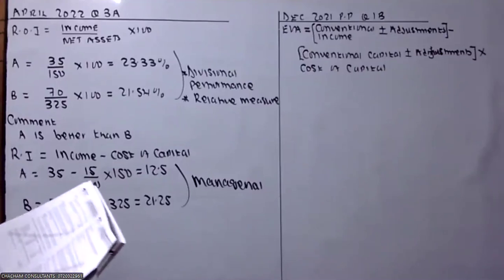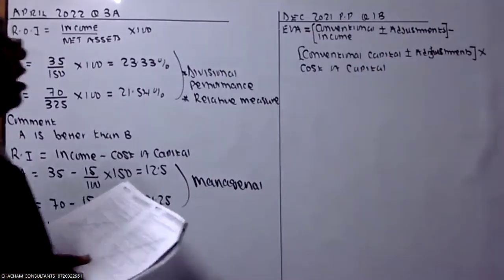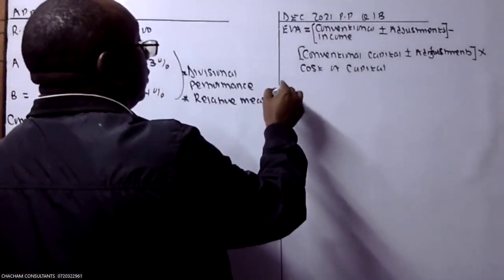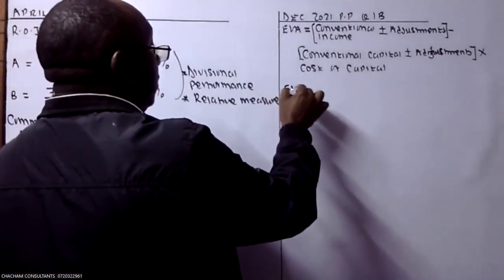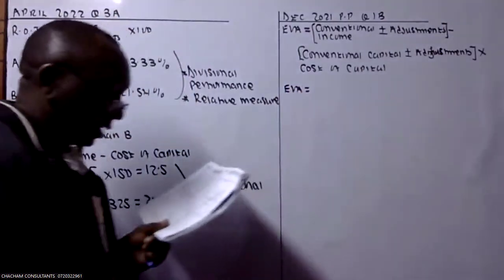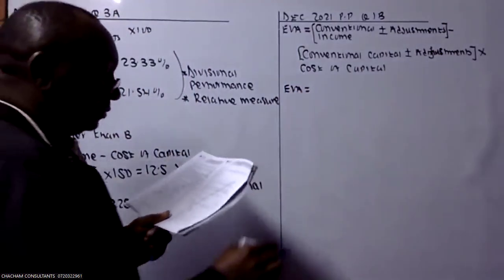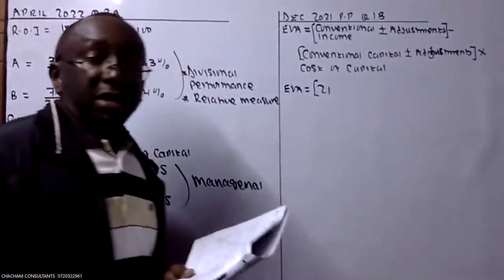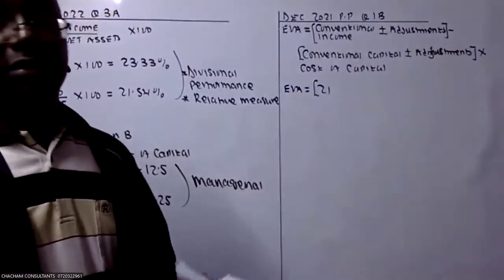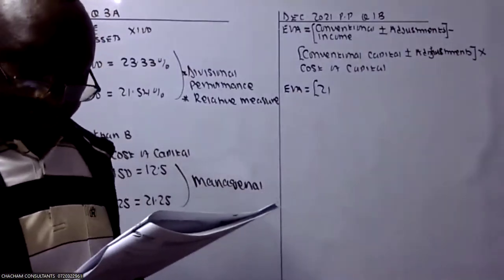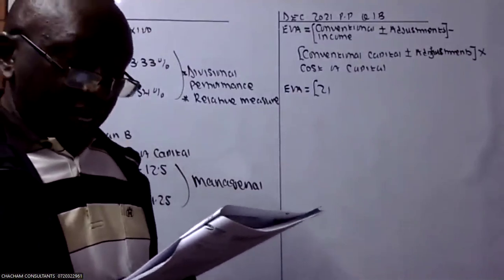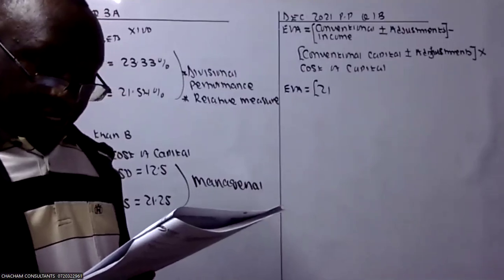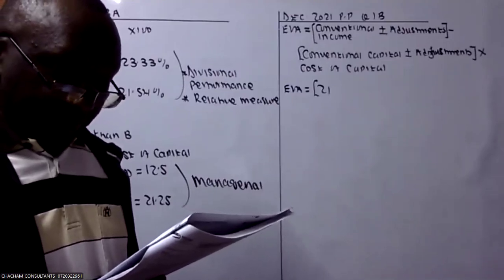So the conventional income will be arrived at as we have the 21 million. Then you add any item that should not have been subtracted. And if you remember what we have said in our discussion, the first thing is research and development.